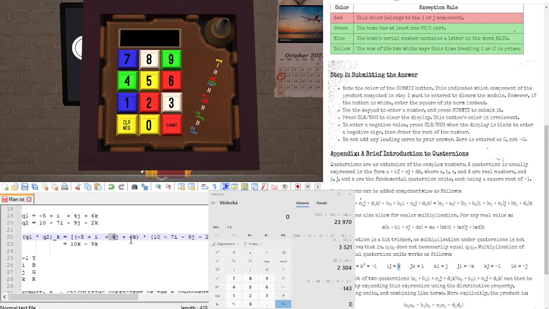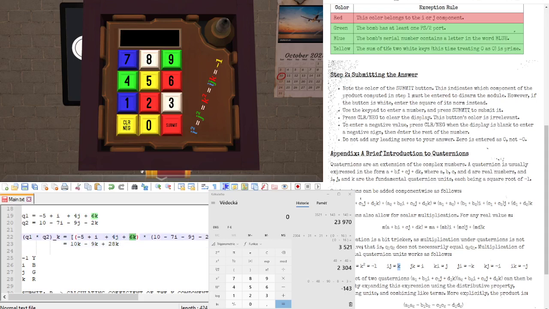So we need to multiply j's times i's. 4 times -7 is -28, and j times i is -k. So this is -k times -k, therefore the minuses change to plus. So it's plus 28k. That's for j done.